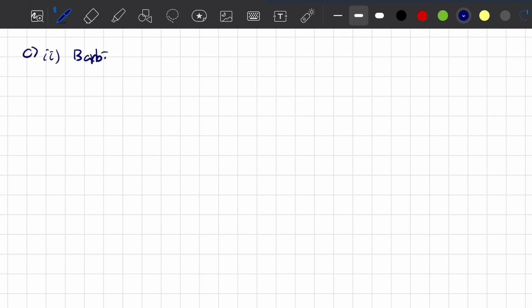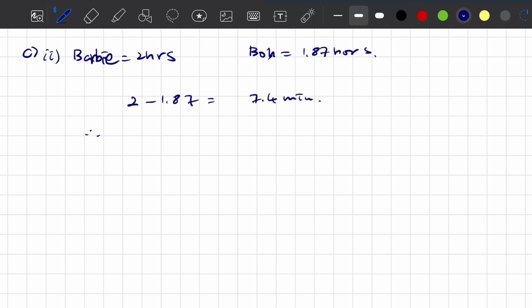Barbie took 2 hours and Bob took 1.87 hours. So we do 2 minus 1.87, which gives about 7.4 minutes. So Bob needs to wait 7.4 minutes.